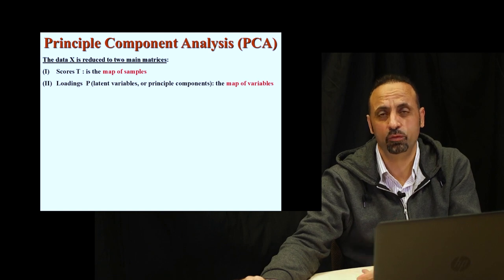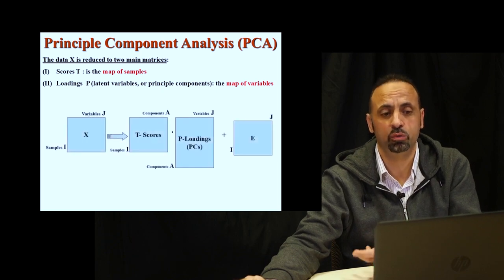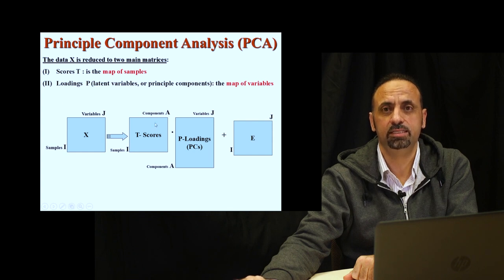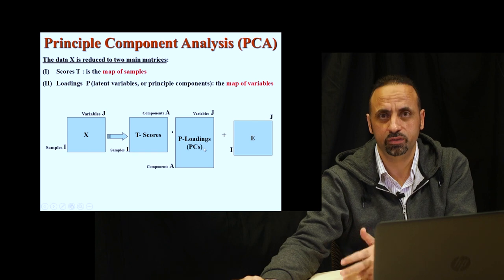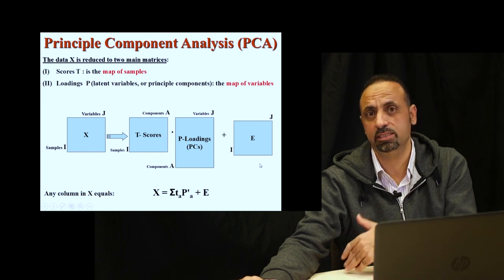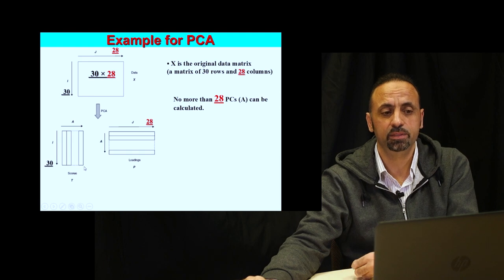Scores make a map of the samples, and the components make a map of the variables or wavelengths. So the original data is divided into scores related to the samples, and loadings related to the variables or the wavelengths. If we multiply these and consider there is some error, we obtain the original data.